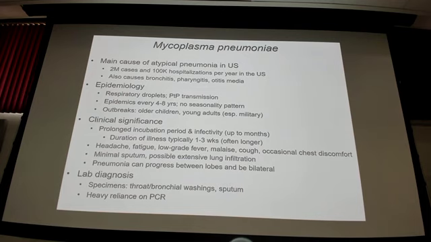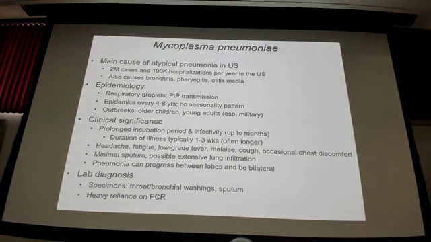Minimal sputum production is notable, so you wouldn't generally be expectorating a lot of sputum in these diseases. The pneumonia can progress between the lobes and become bilateral, an indication of it hanging out in the lungs long enough, transitioning from a unilateral lobar infection to bilateral lobar. But that doesn't necessarily mean it's more severe.